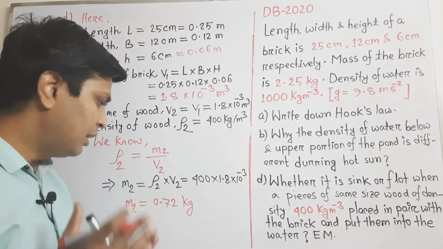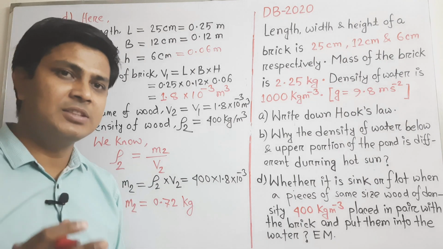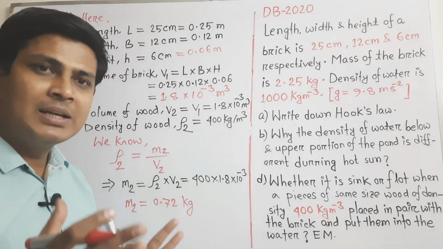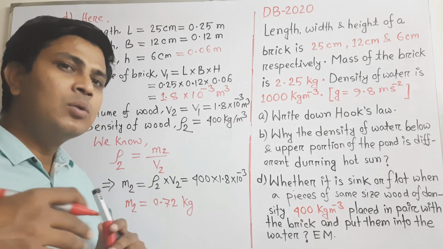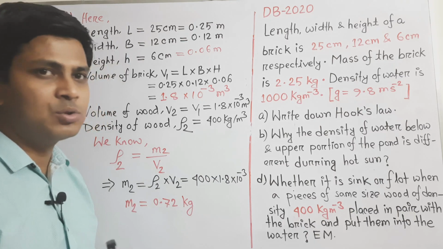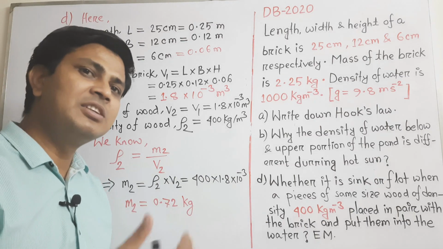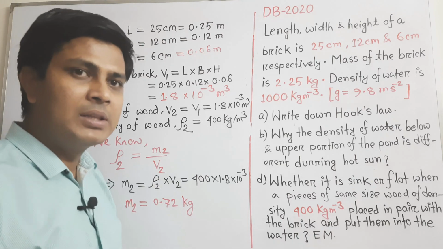Now if we want to calculate the density of the brick with wood, we have to add the mass. That means we need the total mass and total volume. Then we can easily calculate the density of the brick with the wood.